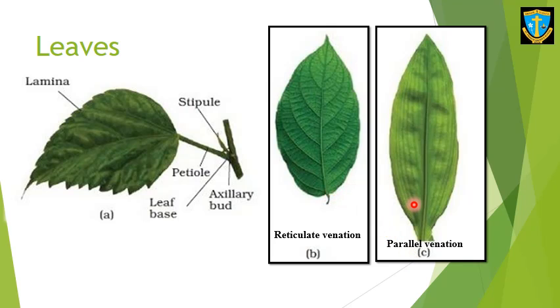So, just by observing the venation on the leaf, you can tell what type of root is present for that plant. You can pull out a grass and check the roots also, which was the activity told to you in the last class, and also the leaf venation. Also find out more examples of reticulate and parallel venation with their taproot system and fibrous root system.